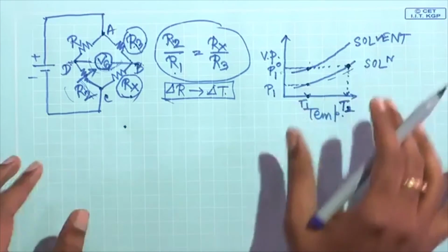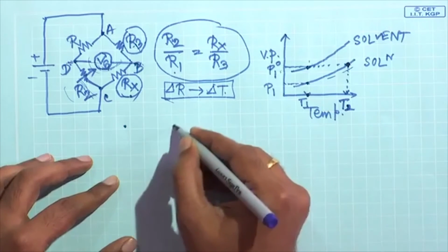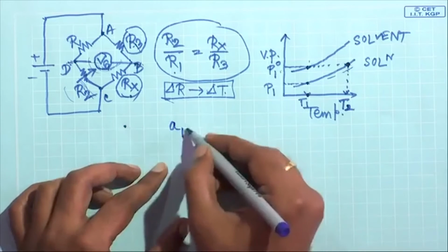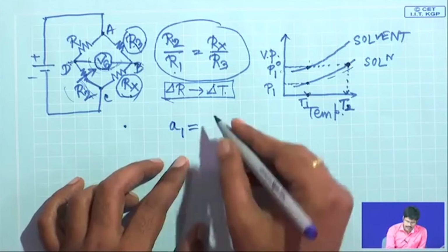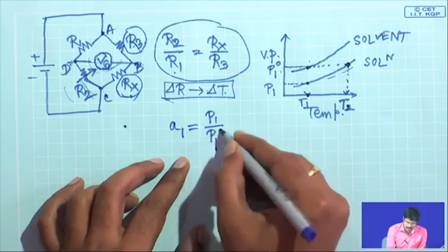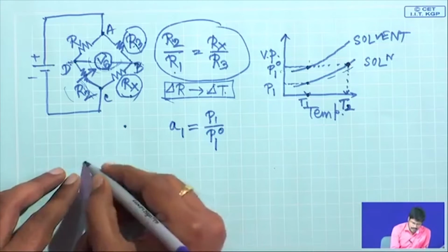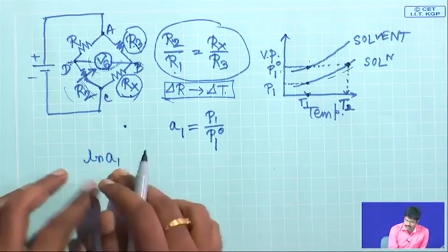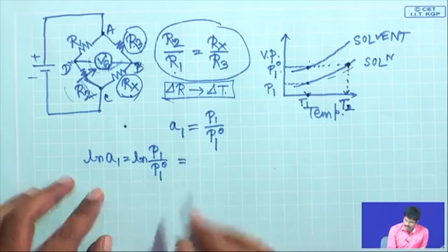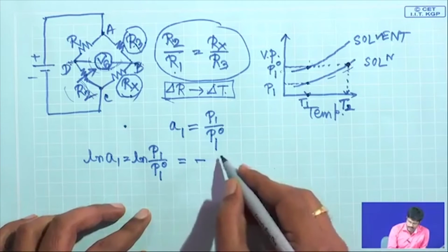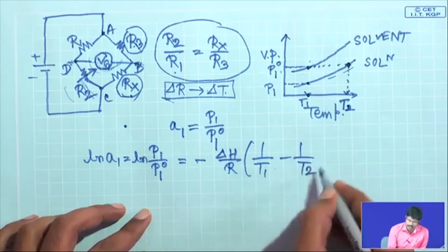So, now let us analyze this particular graph. At this particular temperature T1, the activity of the solvent is A1. Let us say the activity is equal to activity coefficient into concentration. So, activity of the solvent is P1 divided by P10. So, if you take ln of that, ln A1 is equal to ln of P1 divided by P10, that will be equal to minus delta H by R into 1 by T1 minus 1 by T2.